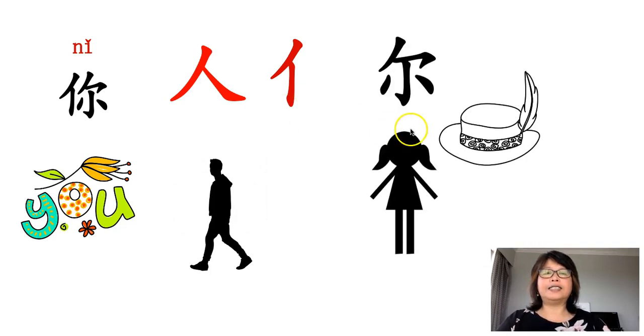And on the right hand side, underneath is like a little person, and on the top it's like a head. So you can come up with your own story to remember this character. This is 您, which is a respectful form for 你.